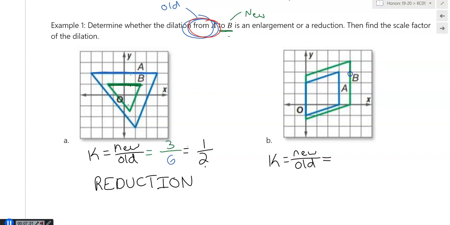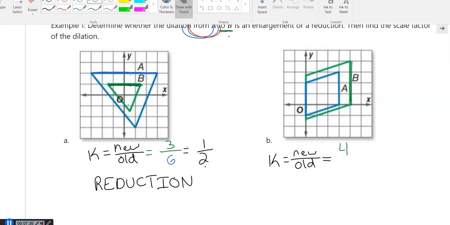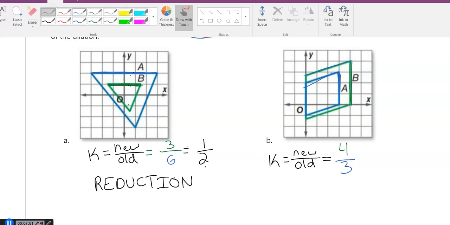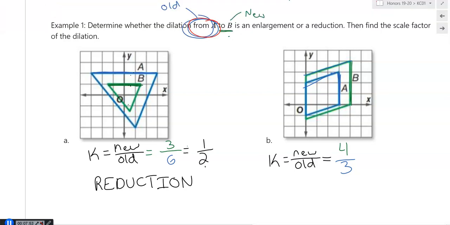I'll choose this one, 1, 2, 3, 4. And then this side, which is 3. Again, straight sides. Don't use diagonal sides because it's harder to tell the length of those. Just straight up and down or straight across. So 4/3, and that doesn't reduce. So K is 4/3. Well, 4/3 is larger than 1, so that's an enlargement.